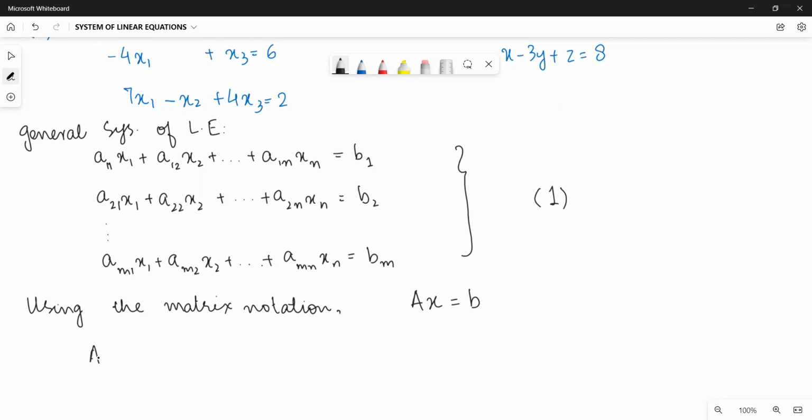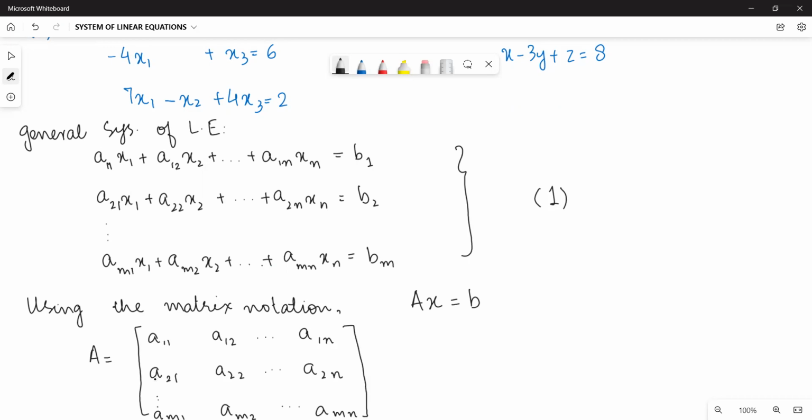A matrix basically represents the coefficients a11, a12 up to a1n, a21, a22 up to a2n, and so on up to am1, am2 up to amn.